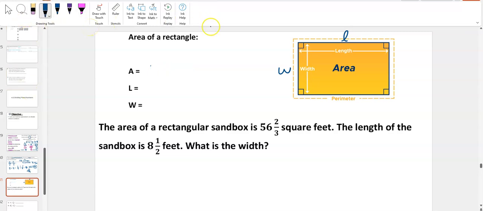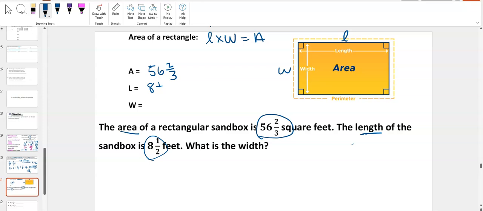The area of a rectangle is length times width, and that equals area. In my problem, the area of the sandbox is right here, 56 2/3. The length of the sandbox is 8.5 feet, and we do not know what the width is. This is the question mark. This is what we don't know.